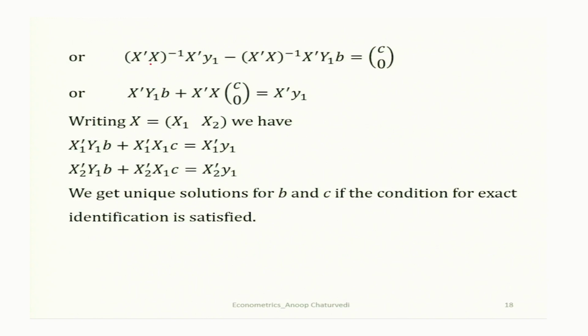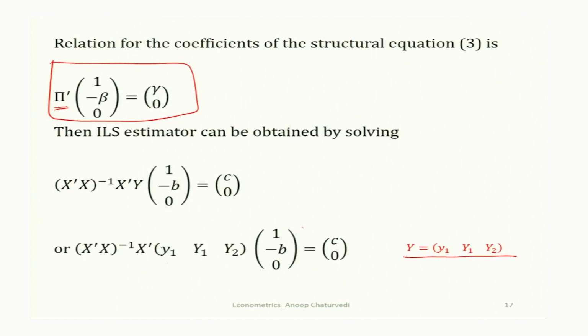So, you get x transpose x inverse x transpose y 1 minus x transpose x inverse x transpose capital Y 1 b. You get y 1 into 1 minus capital Y 1 into b plus y 2 into 0 here.